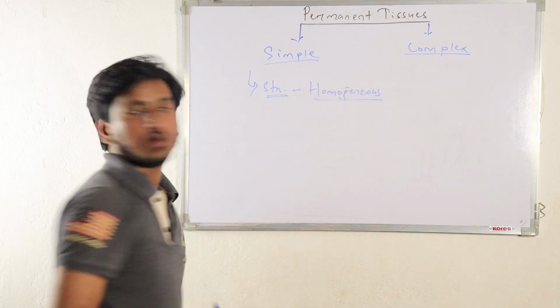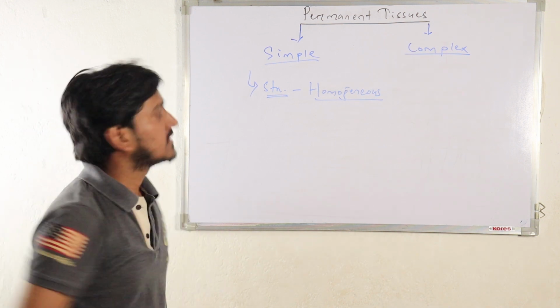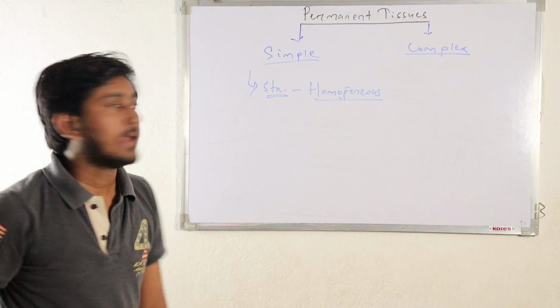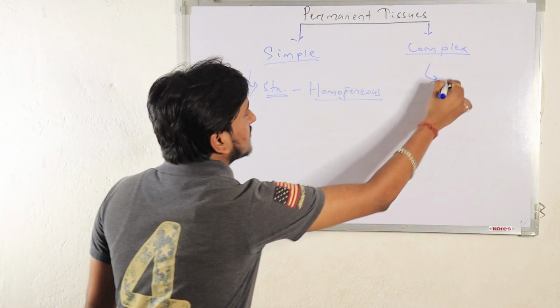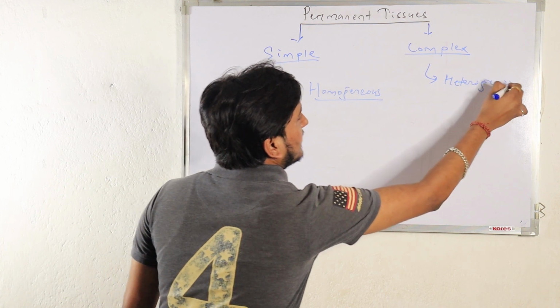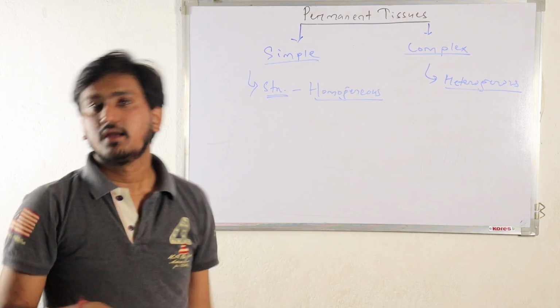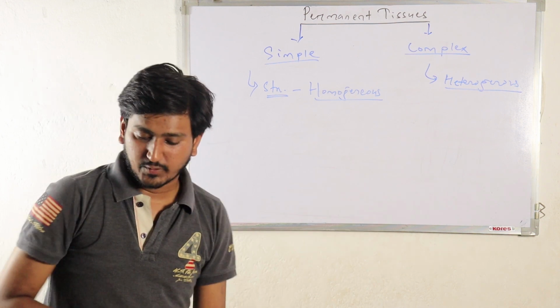Homo means same, all the cells are of a similar type. But in the complex permanent tissue the structure is heterogeneous, meaning they are made up of different types of cells or different components of cells, okay.